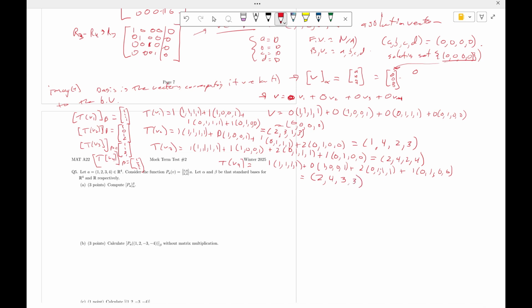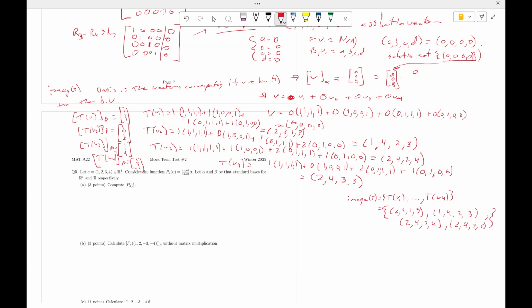So because my image is the span of all of these vectors, the image of T is going to equal the set TV1 through TV4 by our theorem, meaning it's going to equal the set 2, 3, 1, 3, 1, 2, 2, 3, 2, 4, 2, 4, and 1, 3, 3, 4.